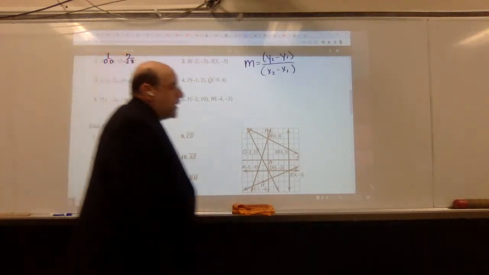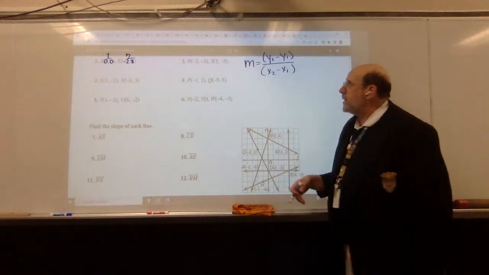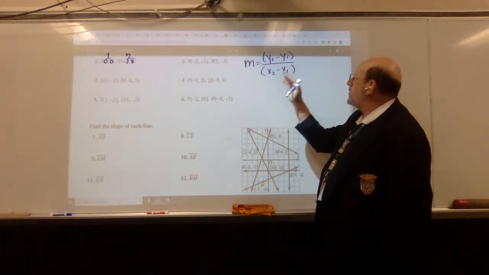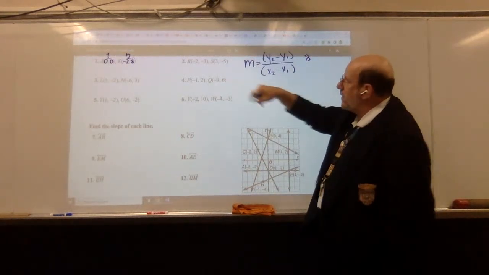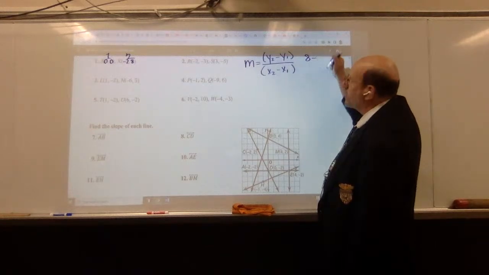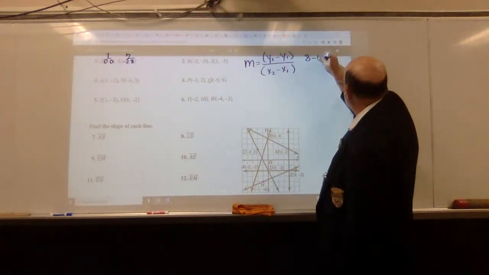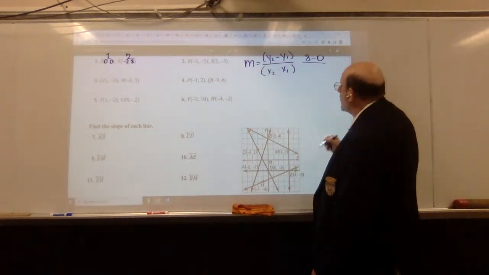In this coordinate pair, y2 is 8, right? The y in coordinate pair number 2 is 8, and we subtract from it 0. Then we'll look over there.